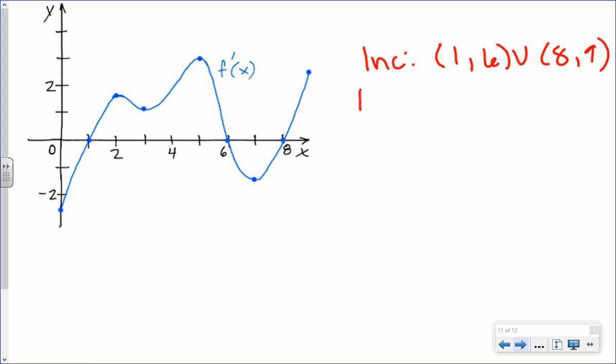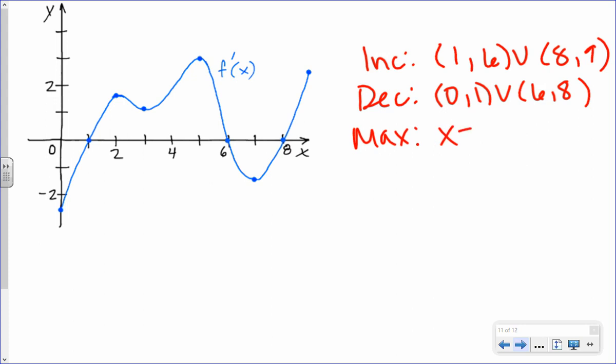Yep. We look at decreasing where our derivative is negative. So 0 to 1 and 6 to 8. Which means we would have a maximum at x equals 6 and a minimum at x equals 1 and 8.